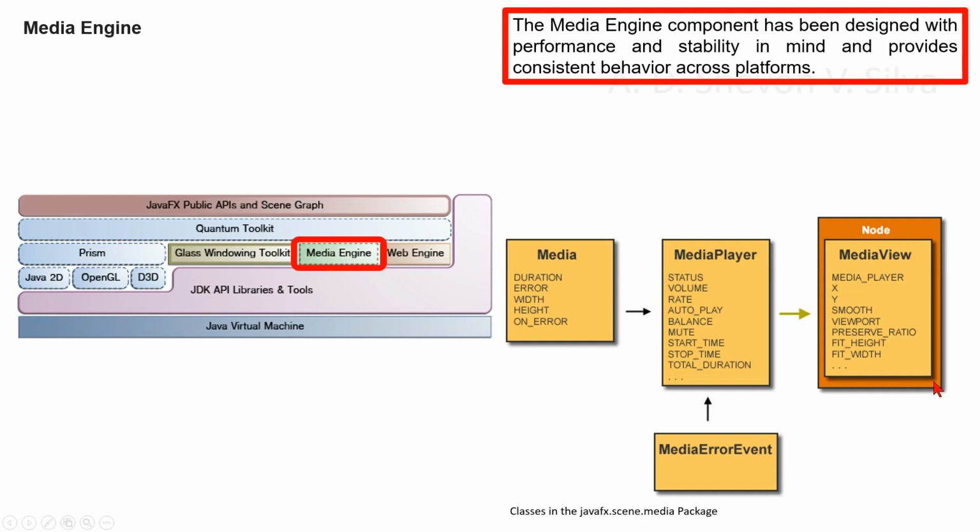Media view class extends the node class and provides a view of the media being played by the media player. It is responsible mostly for effects and transformations. Its media player instance variable specifies the media player object by which the media is being played.